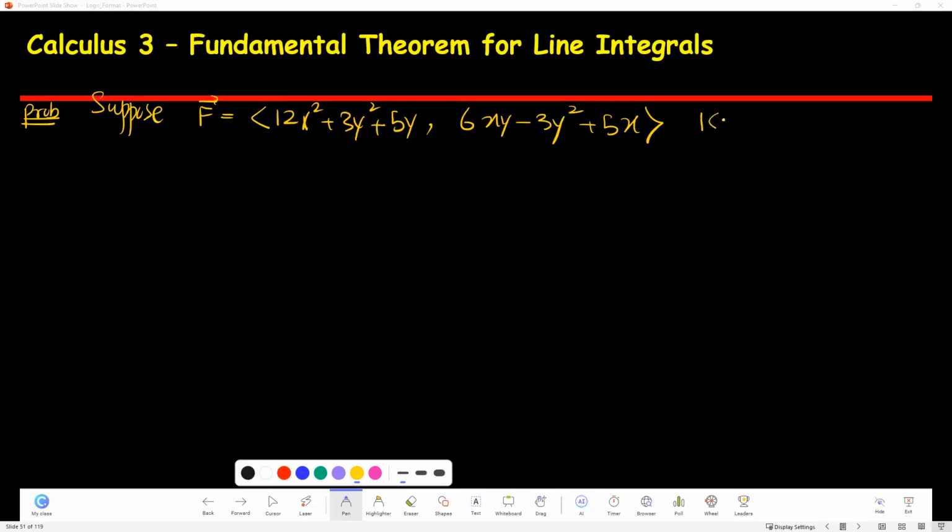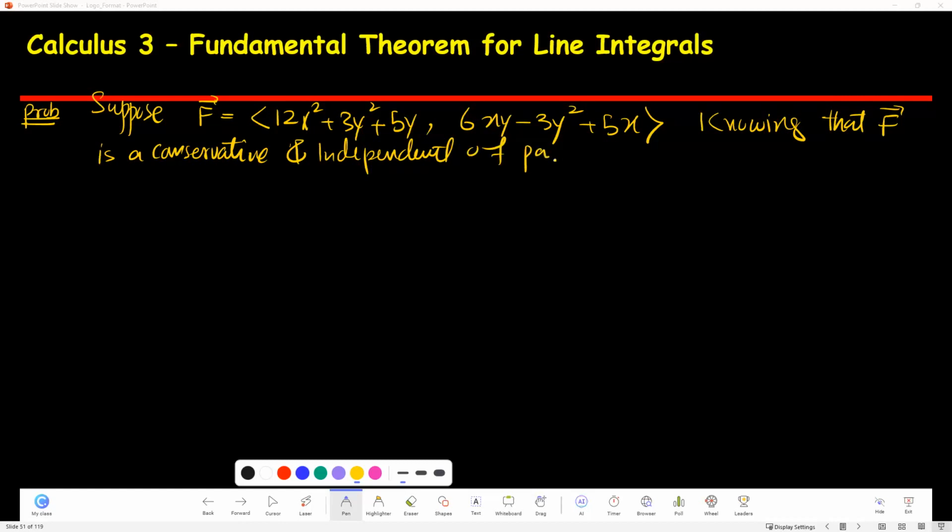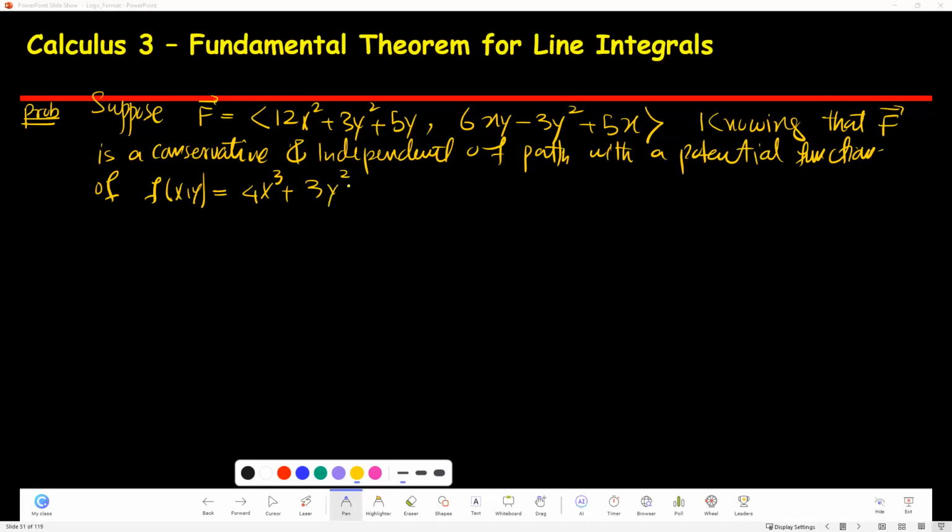We also know that f is conservative and independent of path, with a potential function of 5xy minus y cubed.